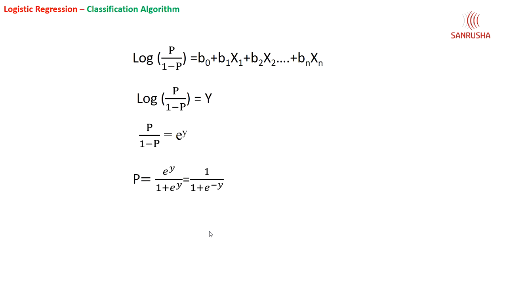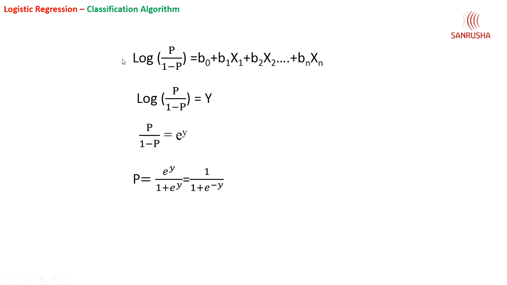In case of logistic regression, y is replaced with something like this: log of p by 1 minus p, and this p here is probability. And this whole thing, p by 1 minus p, is called the odds of the outcome. And the log of this value, remember there is no base 10, so this is a natural log.